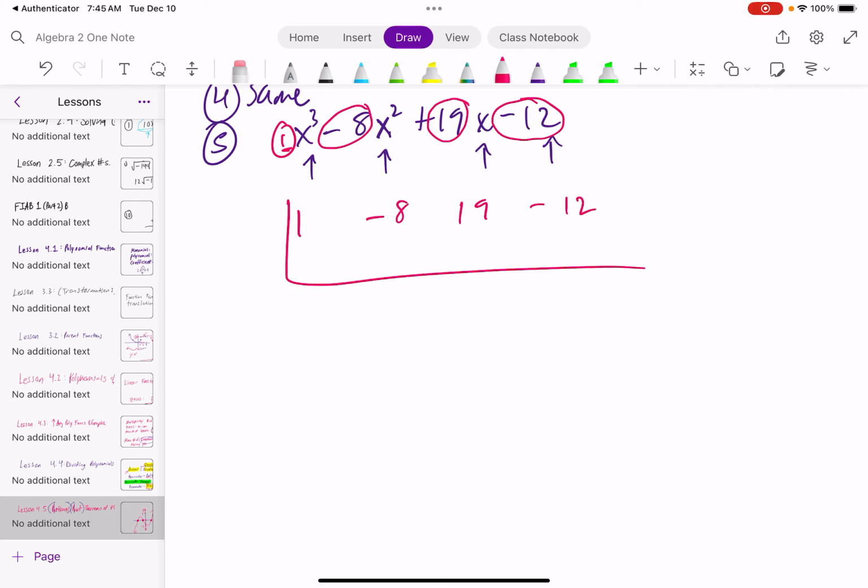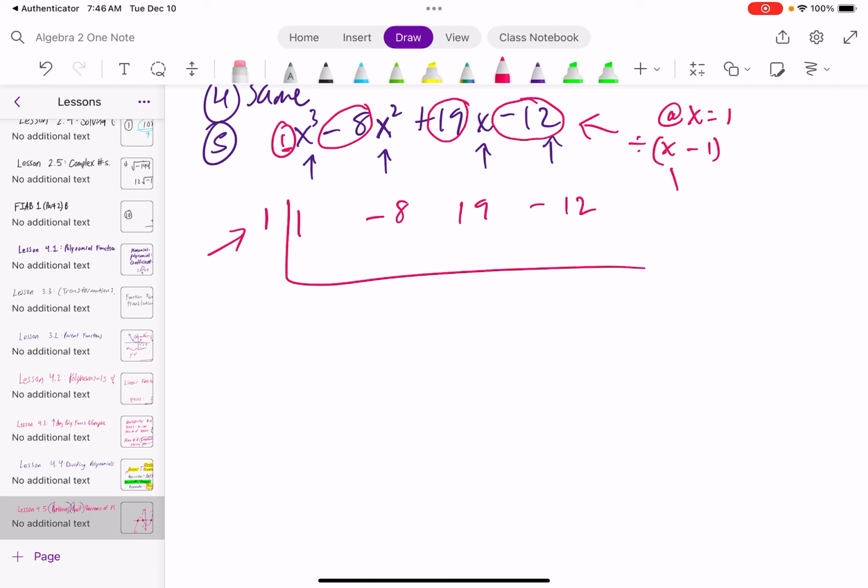We're going to divide that by, it says, you're going to evaluate at x is 1. When you evaluate at x is 1, you just put a 1 here. This is whatever x is. I know people get confused when they say, oh, this function divided by x minus 1.